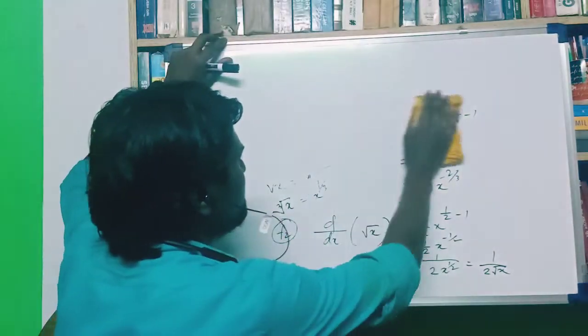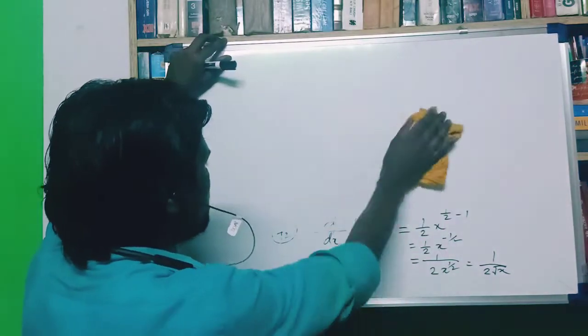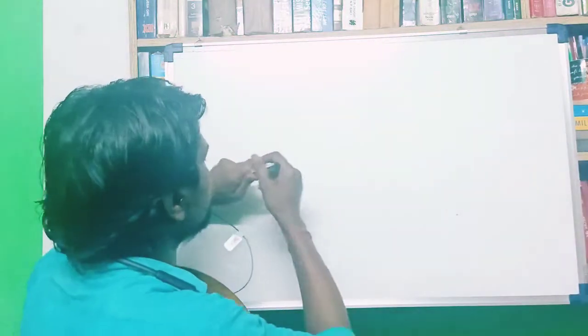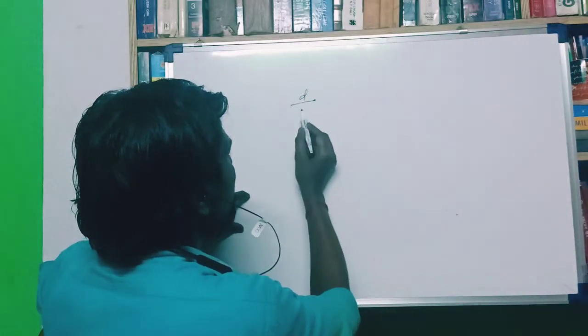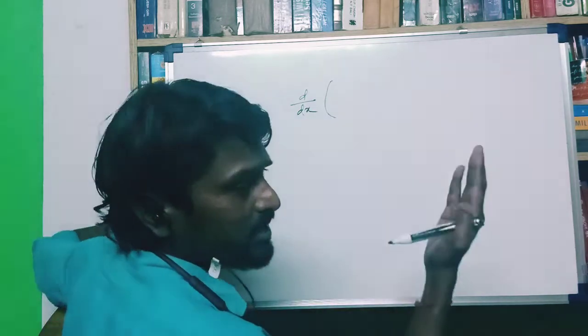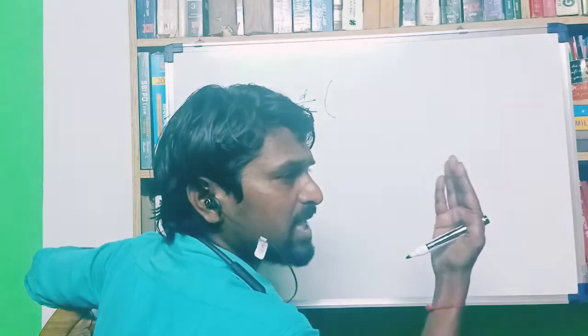This equation is written in the form d/dx of, and you have to read it as d/dx, not d by dx. d/dx is an operator only, like plus and minus.